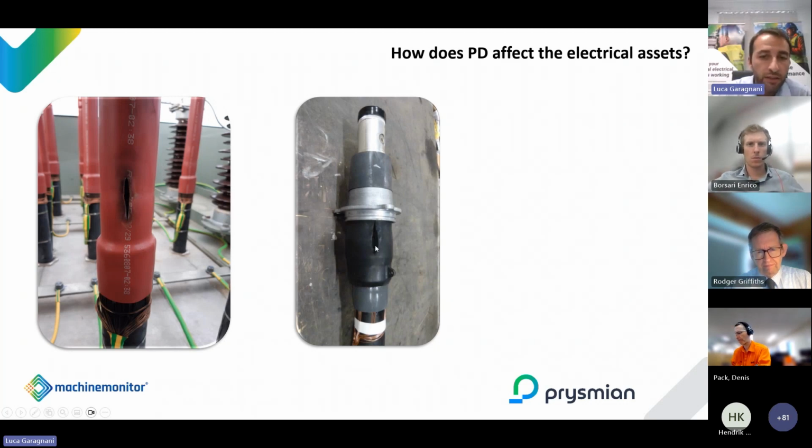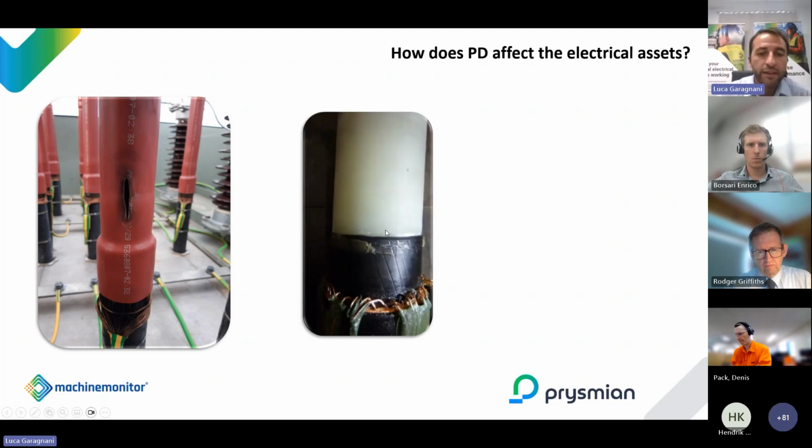We have a failure in this location, and in this case, they actually opened the cable, and we can see the discharge evidence. You can see the white line here. This is obviously a discharge that was occurring in this location because there was no grading system.